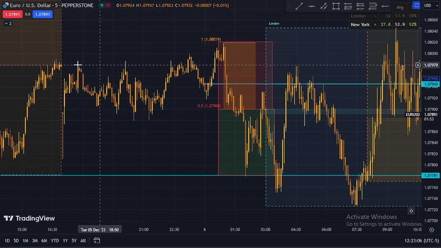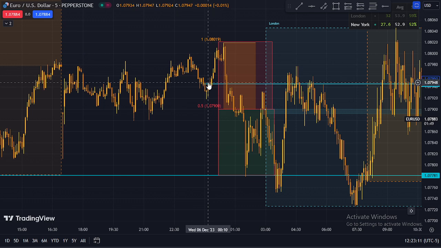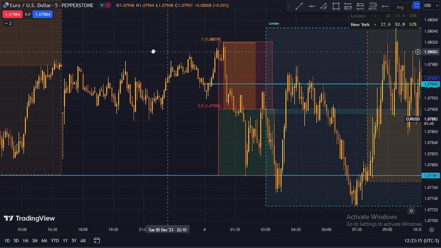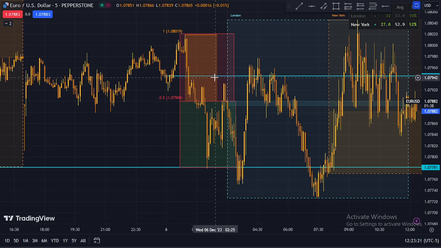This high has taken out the buy side right there, so there's no need for price to go up there again. So we had the breaker and we were in a premium, so we were supposed to short from this.